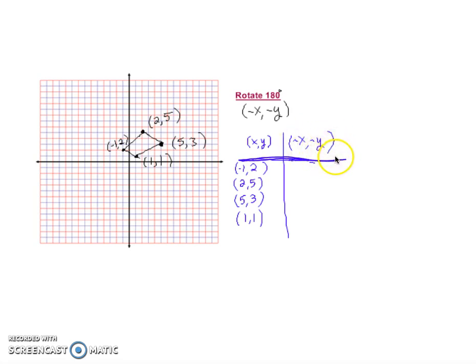So I'm going to take the (-1, 2), and I'm just going to transform it by using this formula here. So my new coordinate is going to be the opposite of x. My original is -1, so the opposite x would be +1. My original y is 2, and this one says to take the opposite of 2, so this would be -2.